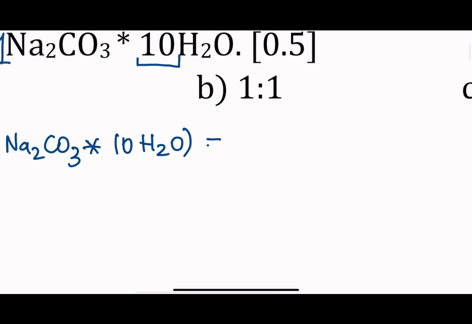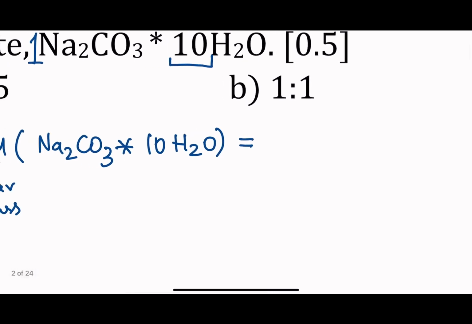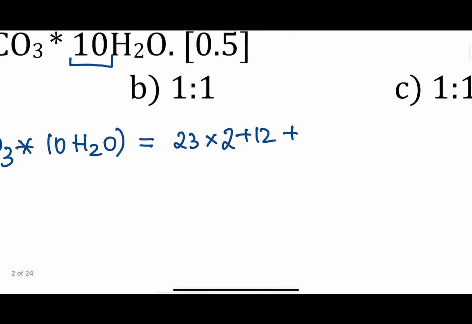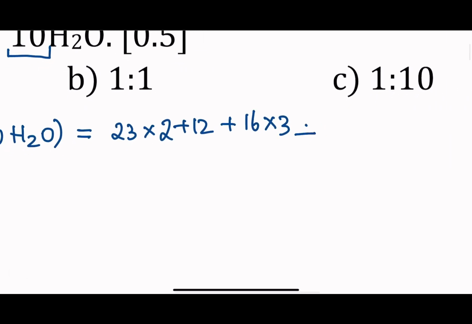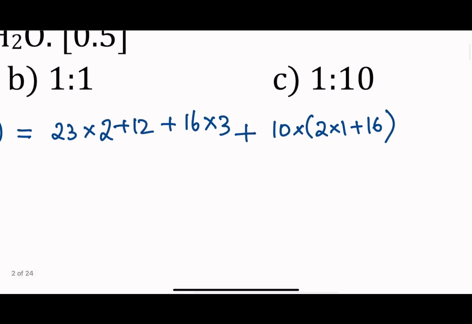You need to take into account, for example, if you look up the sodium atomic mass, it's 23 multiplied by 2, plus 12 for the carbon, and then 3 times oxygen, which is 16, and then plus 10 times 2 hydrogens plus 1 mole of oxygen, like this. You need to add them up as it's shown here.